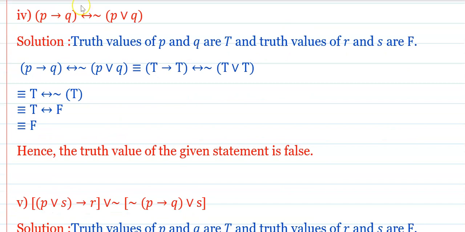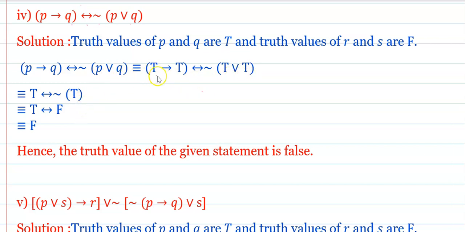Next question. P implies Q, double implication, negation of P or Q. Here again the truth value of P and Q is T and the truth value of R and S is F. Therefore, in bracket P implies Q, double implication, negation of P or Q. T implies T is again T. Next, double implication, negation of P or Q. P is T and Q is also T. T or T is again T. What do we get here?